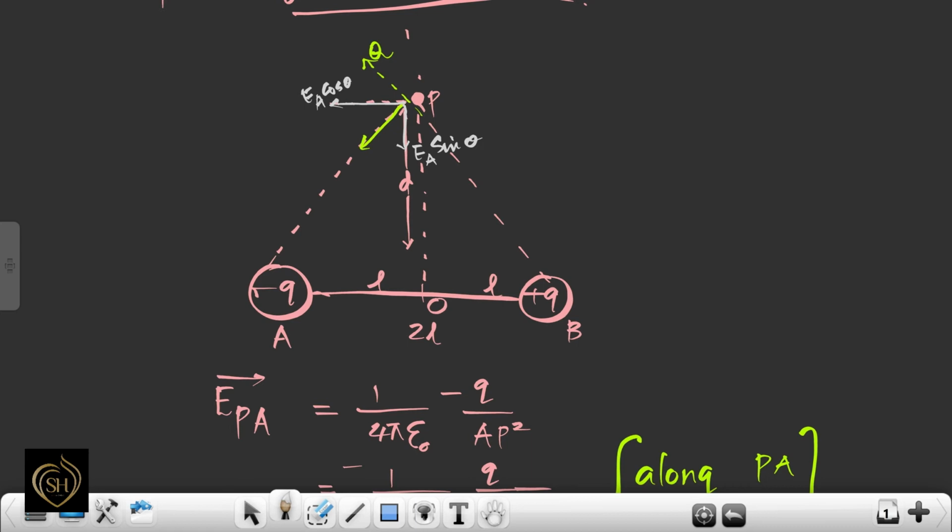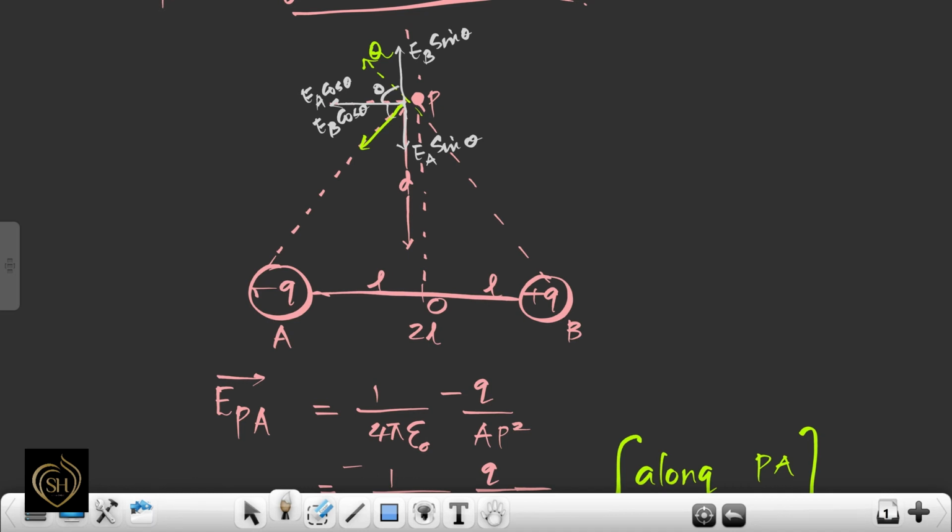Then this was the angle. Then if we resolve EPB, what will be the direction of EB sin theta? This will be the direction of EB sin theta. And what about EB cos theta? The same will be EB cos theta, and this is theta.